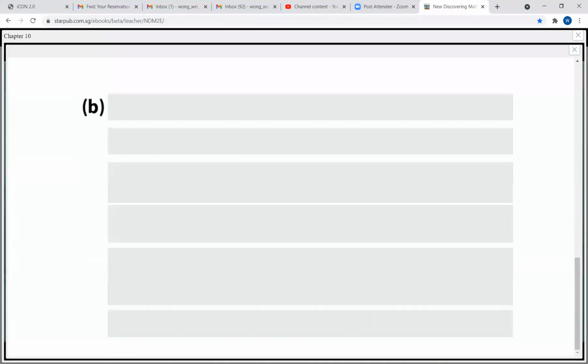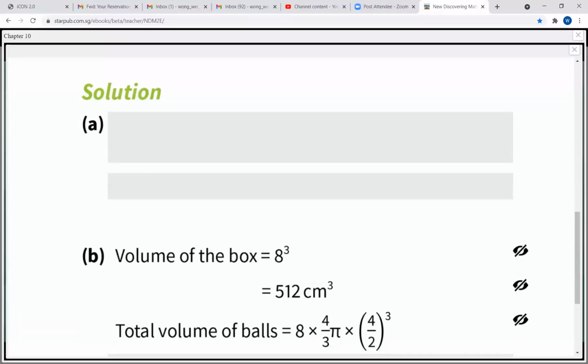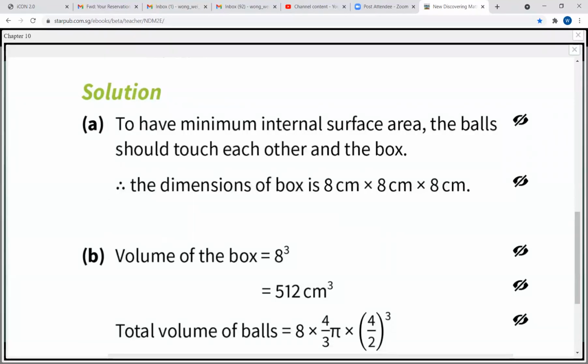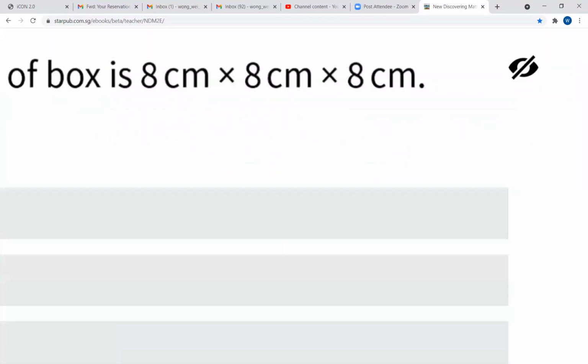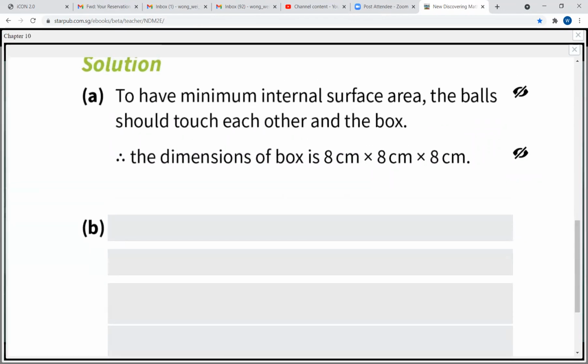So part A, the dimension is 8 cm by 8 cm by 8 cm. Okay, so this is how we write dimensions. Dimensions 8 cm by, so this looks like multiply, we call it by. 8 by 8 by 8 cm. It looks like we are actually multiplying all of them, and that would actually give us a volume.